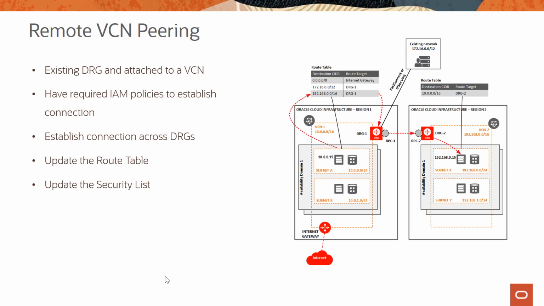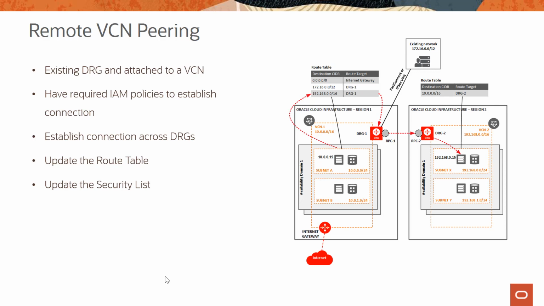Once the connection is established, the next steps are the same: you have to edit the route tables and your security lists in your specific virtual cloud network to forward the traffic to the other VCN. Like in this example, you have VCN1, which is a 10.0.0.0/16 network, and within it there's subnet A with a 10.0.0.0/24 network.